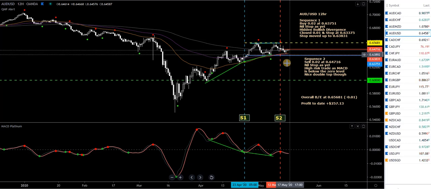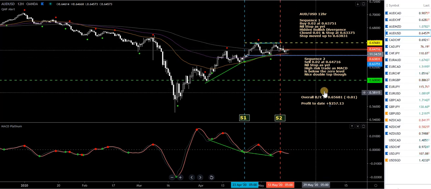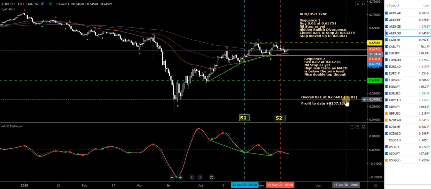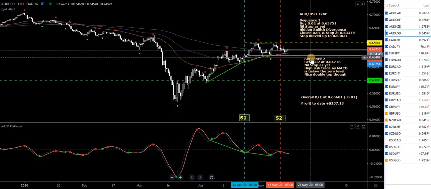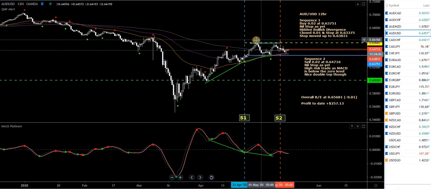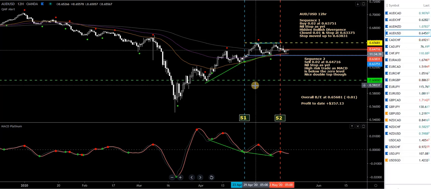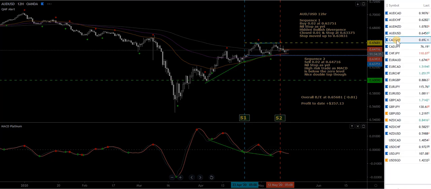It's just below the entry level at the moment. It's going sideways. The overall break even, the yellow dash line, is up there. As long as price stays below that, because I'm net negative 0.01, I can close both trades and be in profit overall. Again, a green dash line is the 60 cent level, big number in the Aussie.